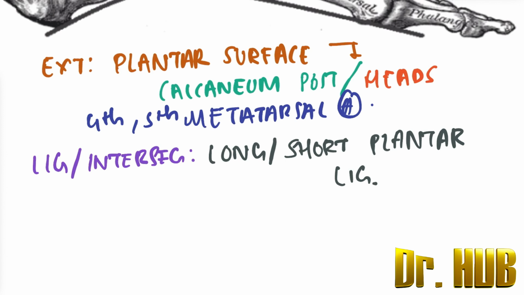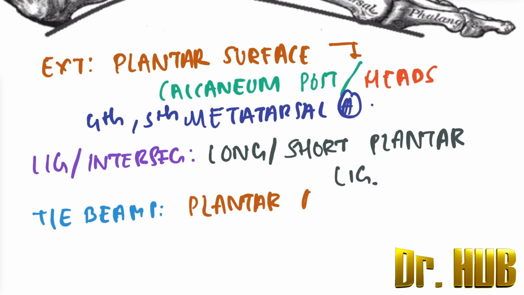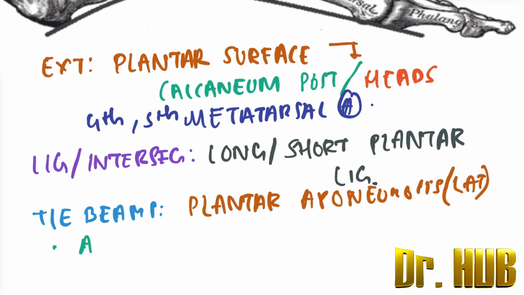Then looking at the tie beams, under the tie beams there is presence of the plantar aponeurosis. This will be the lateral part, and there is also the presence of the abductor digiti minimi.